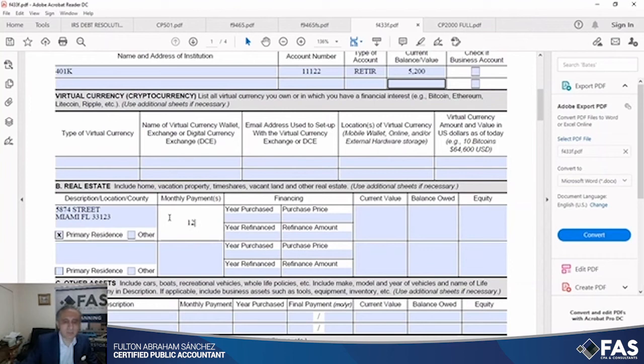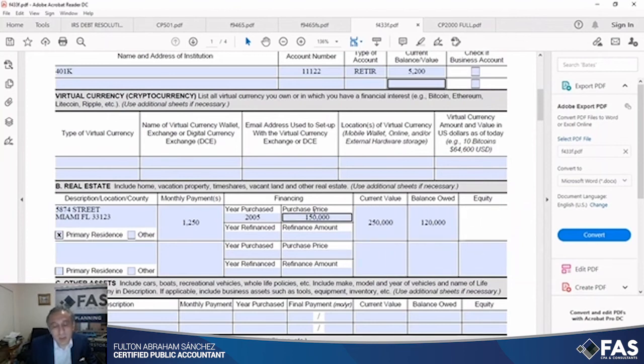I'm gonna say 1,250. Year of purchase 25. Purchase price 150,000. Current value, I'm gonna say 250. Balance you owe on the property, I'm gonna say 120,000. Equity, that is the difference between 250 and 120.